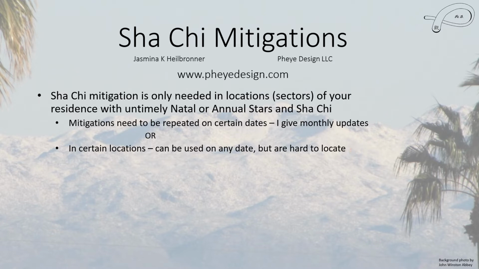And this will be based on, first off, you have to know the facing direction of your house or your apartment or whatever it is to basically a single degree. And then you have to understand how to use the 64 mountain ring or hexagram ring of the compass, and you have to understand how to use the stars within that 64 hexagram ring.